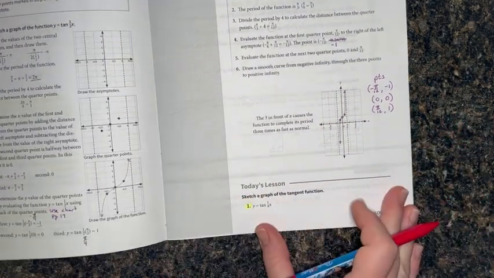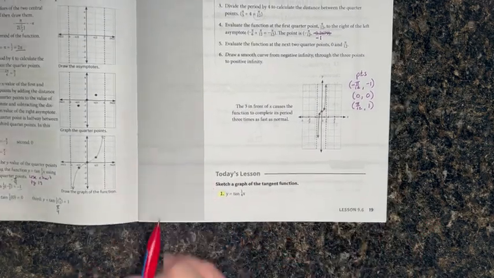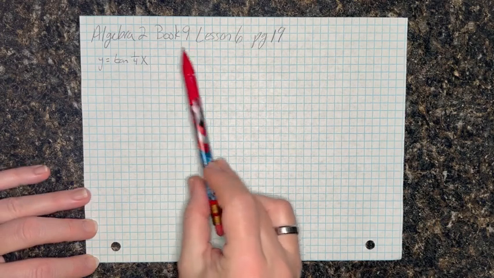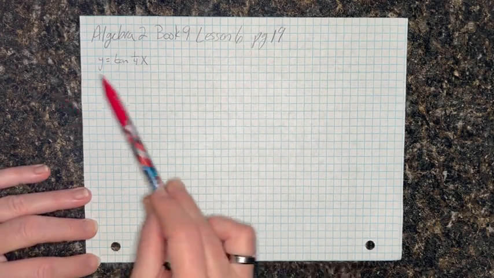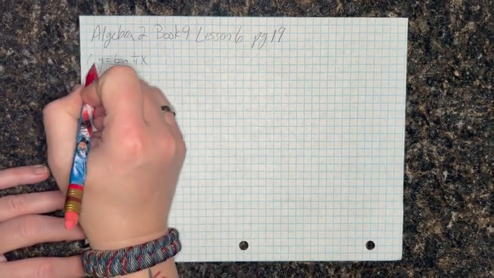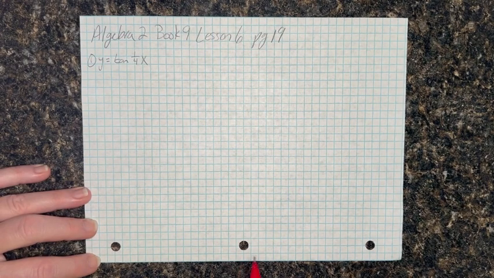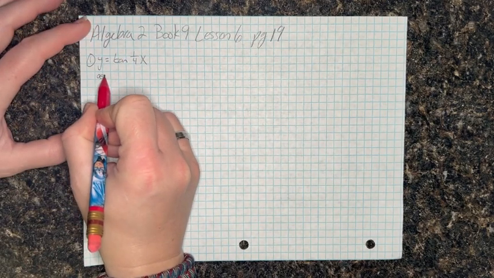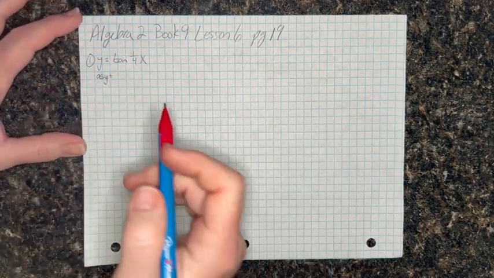All right, let's take a look. They only gave us one problem to do for this lesson, so let's take a look at that together. All right, so we are in Algebra 2, Book 9, Lesson 6, page 19. The problem number 1 is y equals tangent 1/4 x. So the first step is to find the asymptotes. I'm just abbreviating here.